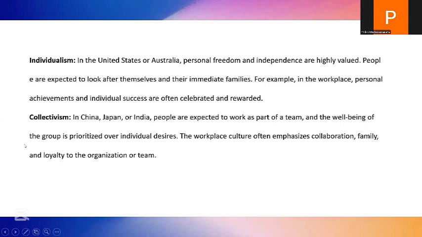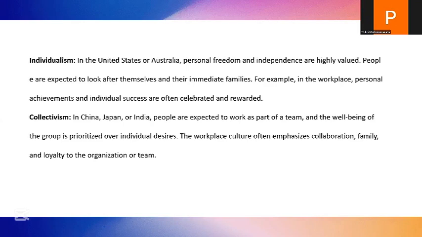Okay, so for example, in the United States and Australia, they have personal freedom and independence. They value it very much. Because of that, in the workplace, individual success is often celebrated and rewarded. And countries like India, Japan, China, they always go for working as a team, right?